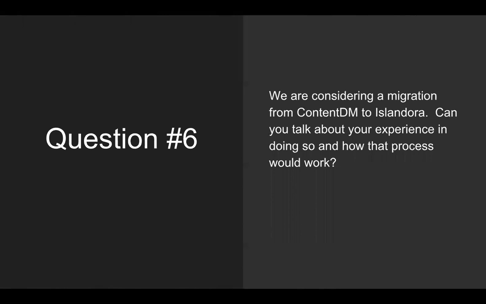Our suite of Content DM migration tools uses the Content DM REST API. Essentially, our process for doing this is to grab information about Content DM collections and try to transform those collections and their contents into Islandora collections and their contents.